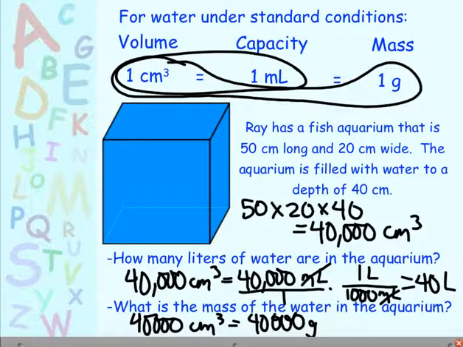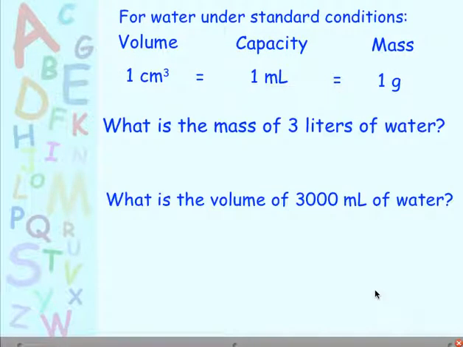So if we were to put it in kilograms, it's the same as going from milliliters to liters. It's 1,000 grams in a kilogram. And so we get 40 kilograms, I believe. And so we can work through these different possibilities here. That's a lot of water in a tank.